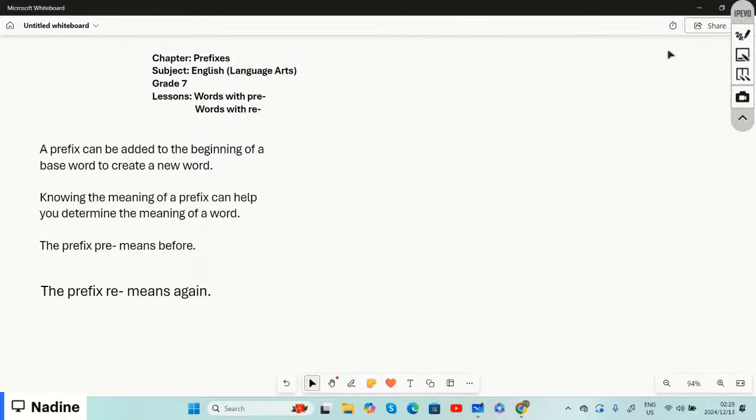So we need to add either our prefix pre or prefix re to the beginning of our base word.